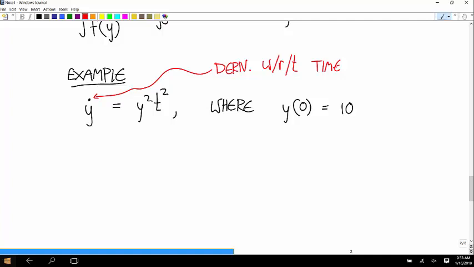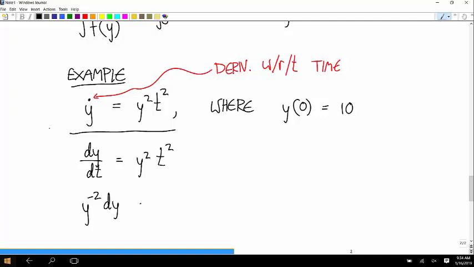We're going to have functions of time everywhere. So I'm going to rewrite this as dy/dt is equal to y squared t squared. And so y to the negative second dy is equal to t squared dt.